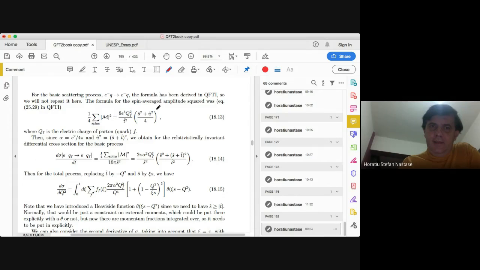So that spin averaged amplitude squared was equal to this. And then QF here refers to the electric charge of the parton or quark F that's involved in the scattering, and then the other object is the electron, which has charge E.